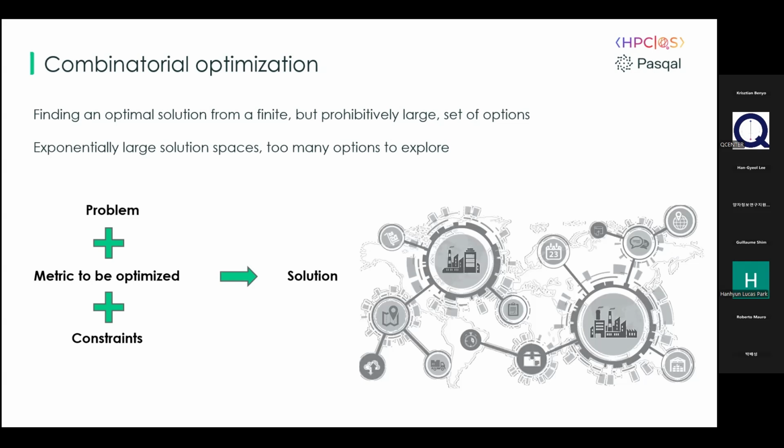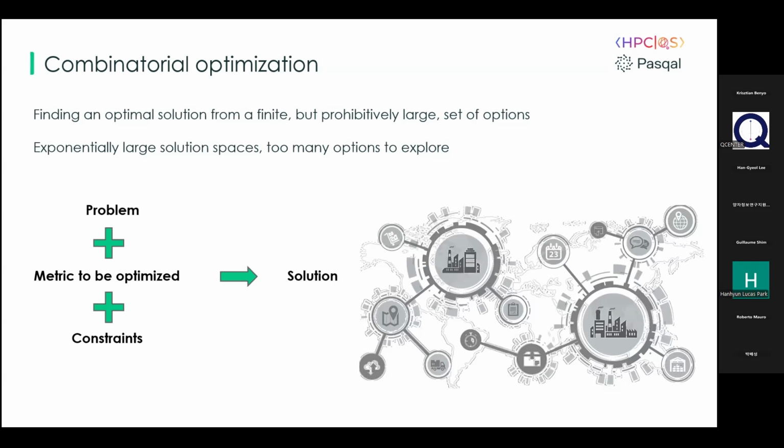Moreover, for these types of problems, there is not just the scale that needs to be considered, but also the additional conditions, the additional constraints that can make it increasingly more difficult. Typically, for a combinatorial optimization problem, there is a set of variables, a set of entities on which we want to perform the optimization task by applying a cost function, some kind of metric that needs to be optimal, be it maximum, minimum, or a combination of the two.